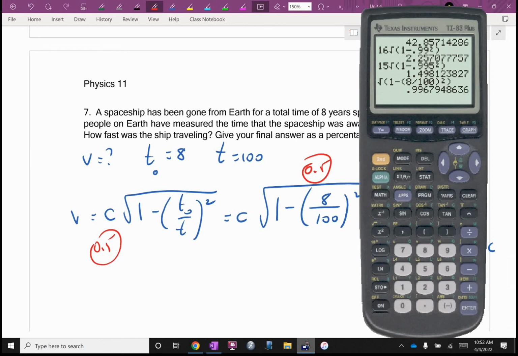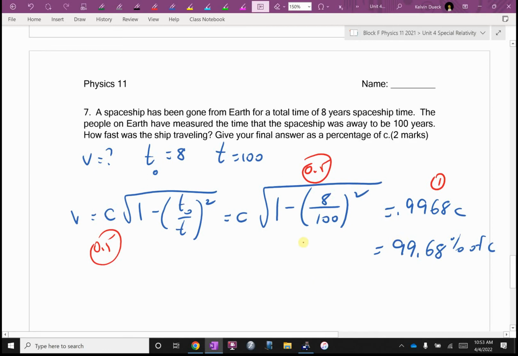I would take 99.7, okay. What I would not let you round off to is 100 because we can't get to 100% of the speed of light. So usually for the percentages, I tend to go to 4 sig figs. The fact that there was a 9 right there, I thought, oh, that works fairly well. But yeah, I would take 99.7 as well because I've told you most of the time 3 sig figs. Yep, totally good.